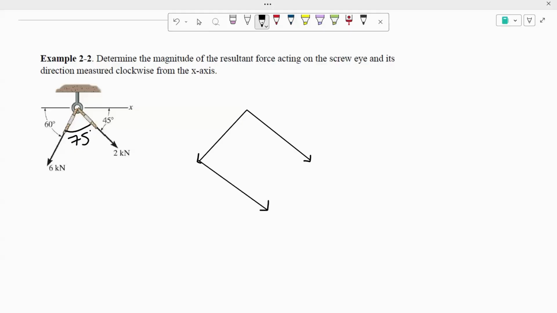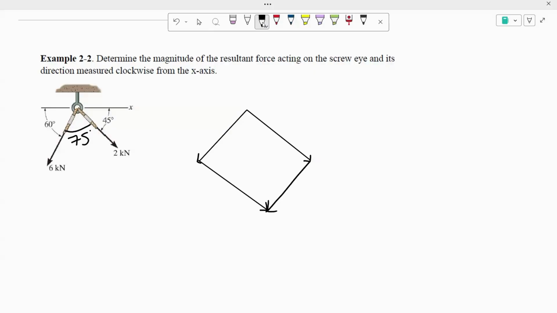And then we're going to do the same thing with the other force. We're going to draw this one over here. And by doing that, that gives us a parallelogram.